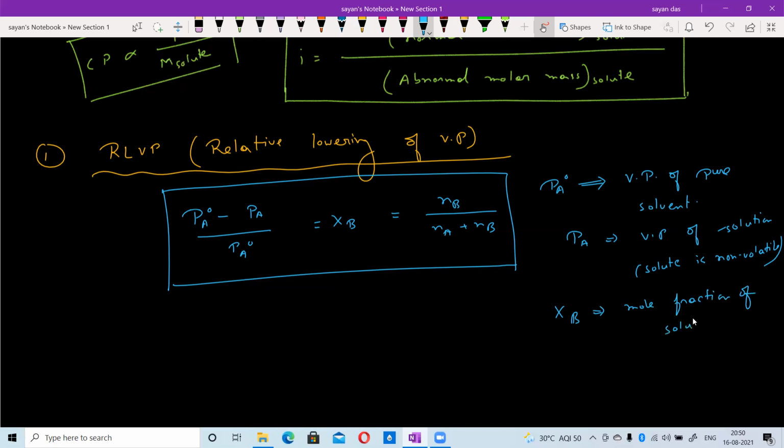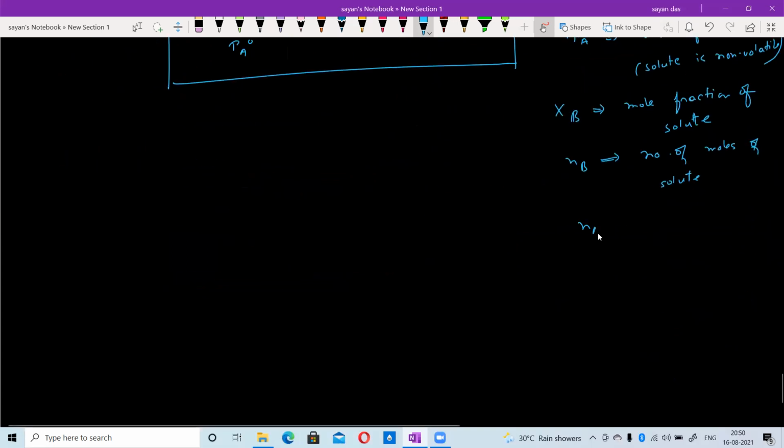Solute. And NB is the number of moles of solute. NA is the number of moles of solvent.